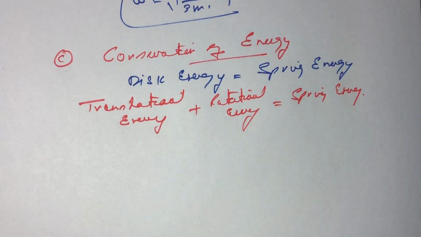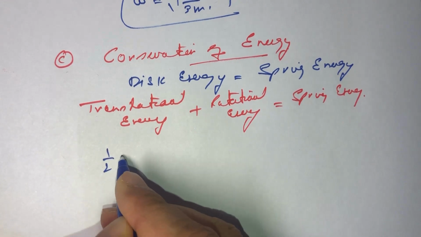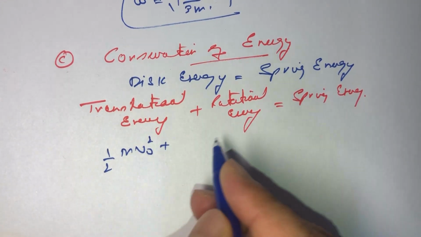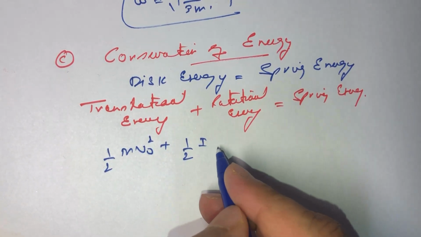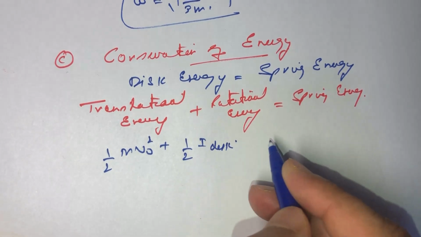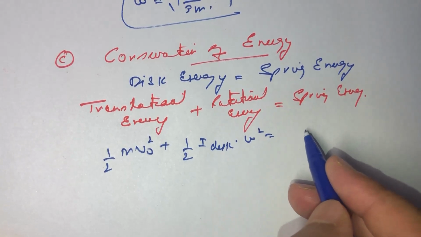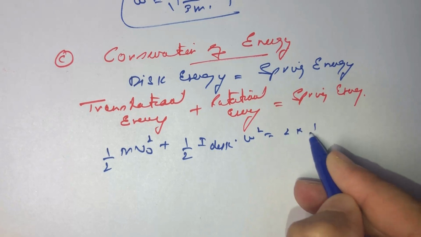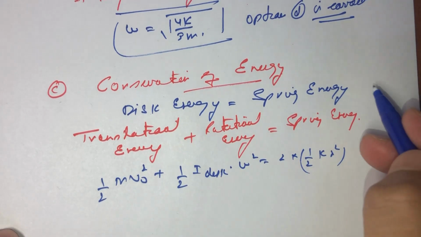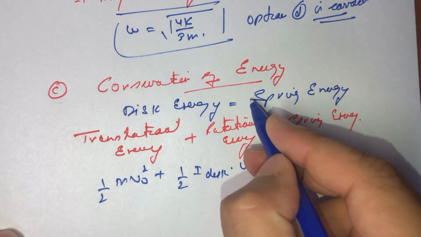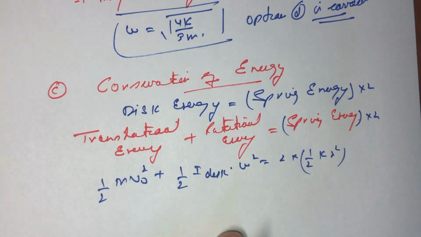We substitute the formulas: velocity is V naught, so we get half m V naught square plus half moment of inertia of the disk, I disk, and the angular velocity omega square, will be equal to twice into half k x square. Spring energy is counted for both, so we have spring energy into 2 because we have two springs.